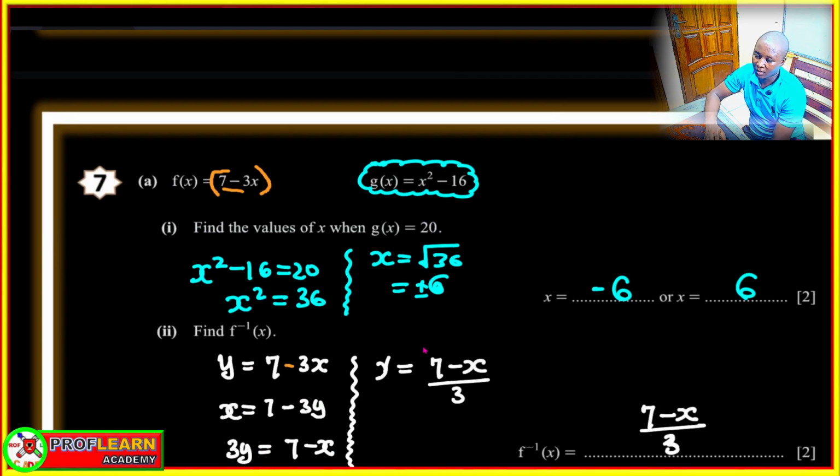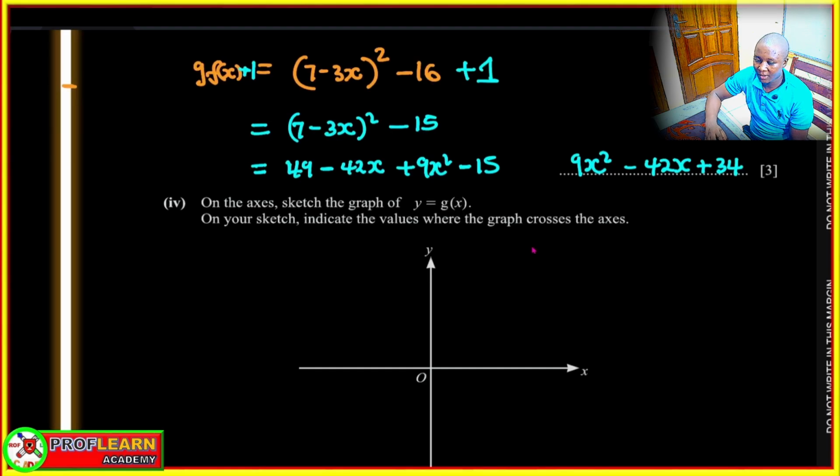G of x was x squared minus 16. And we got the values for x, -6 and +6. Those are the solutions for that. Then we can go ahead and sketch that graph. Of course, we have -6 here, and the graph is going to pass that way.